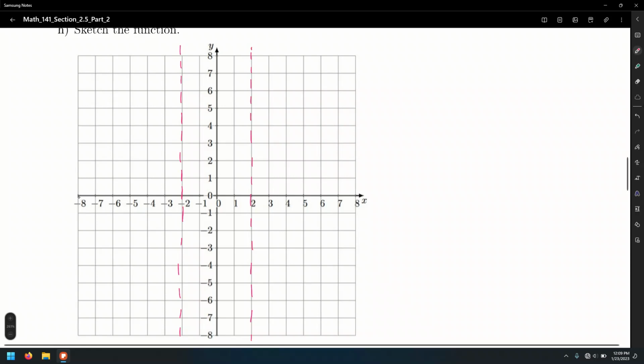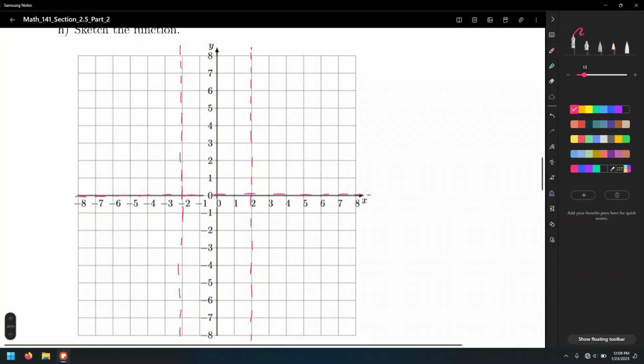We have a horizontal asymptote, y equals 0, which happens to be the x-axis itself. And any x-intercepts? Well, that's the origin, which also happens to be the y-intercept. And it also happens to be a point where the function crosses its own horizontal asymptote.